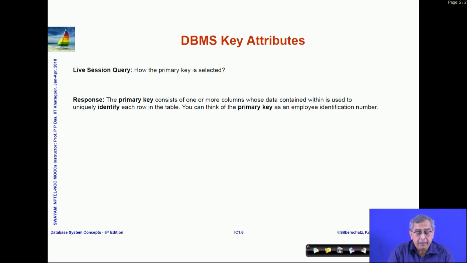And we have also discussed that given a table there could be a number of sets of attributes, one or more attributes, which will have this property of being able to uniquely identify each row of the table.